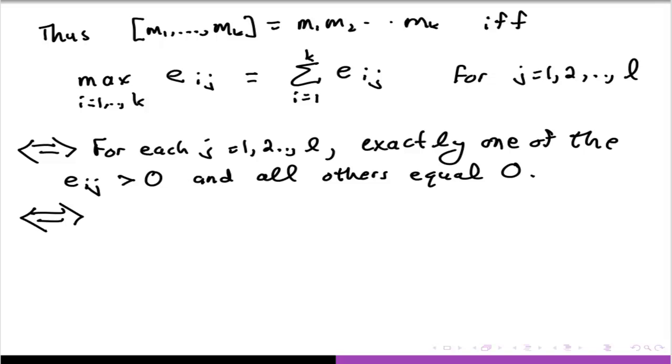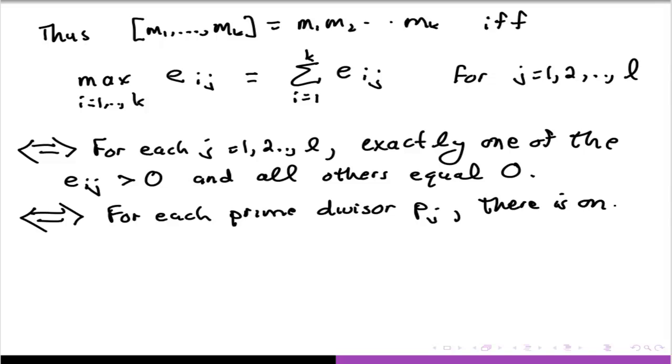Well, that just means that for each prime divisor p_j, there is only one modulus m_i with p_j dividing m_i.